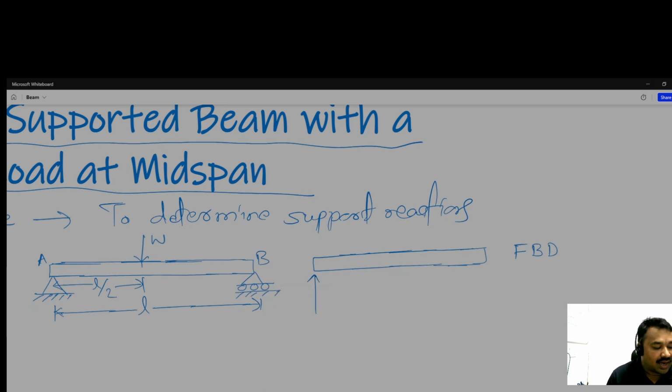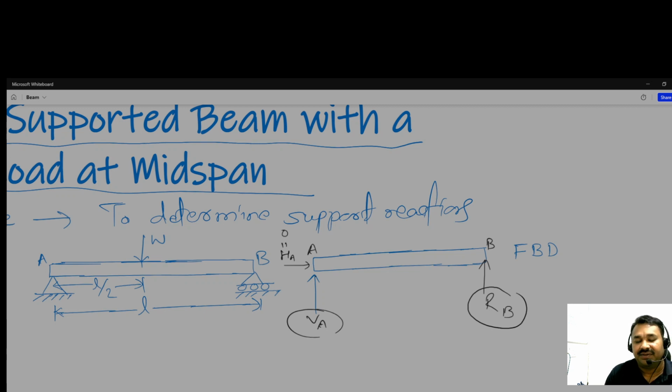Okay, and this is VA. Here, due to the roller, it is RB, and the horizontal HA is equal to 0. Now we have only two unknowns, VA and RB.